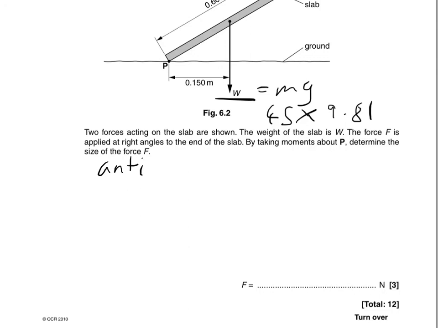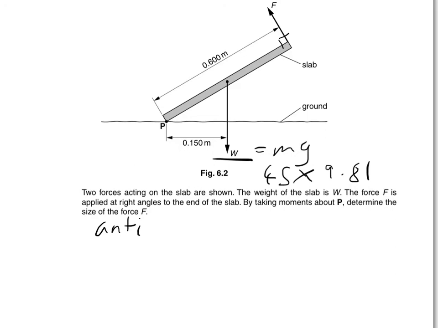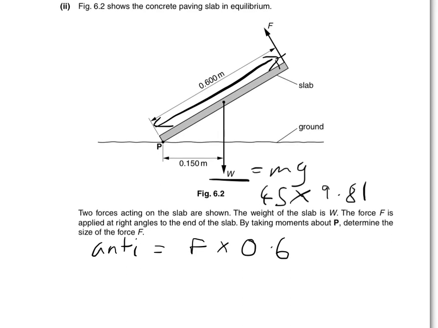So anti-clockwise, we have the force F, which is being applied to lift the slab effectively. So we want to know what F is. We know it's going to be F times 0.6, because the perpendicular distance here is 0.6 metres. Now it tells us that the concrete paving slab is in equilibrium, so that means that the two moments must be equal.